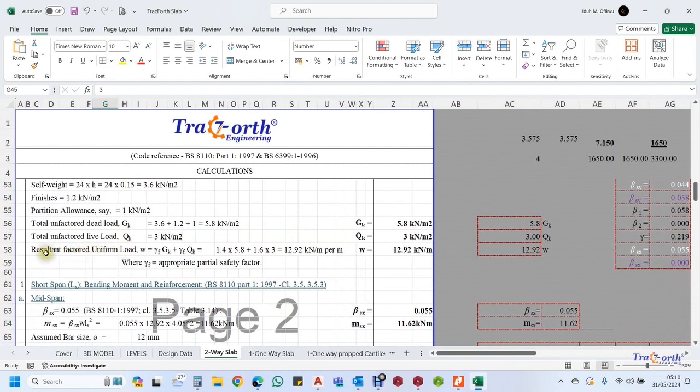Then we also talk of the resultant factored uniform load, and this is where you apply the factor of safety. According to the standard, we will use 1.4 for the dead load, and then 1.6 for the live load.